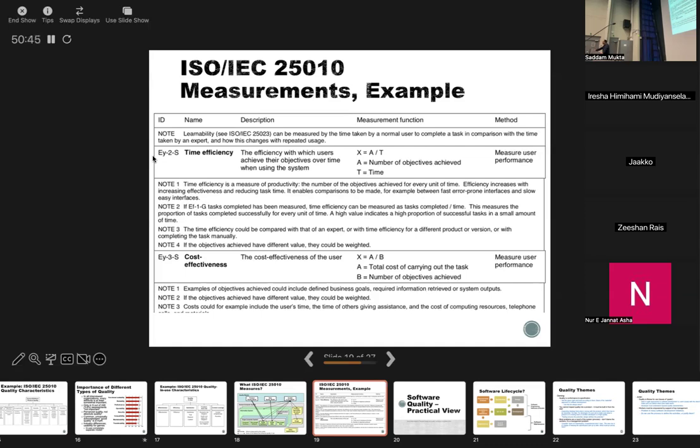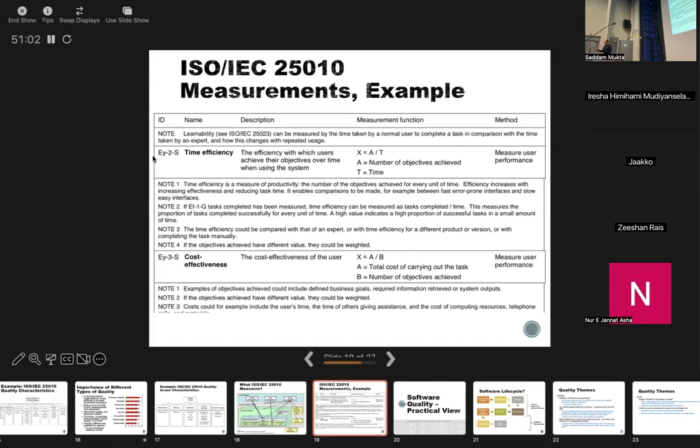So the number of objectives achieved means how many processes you have completed.